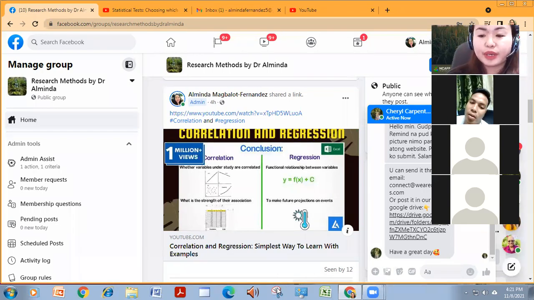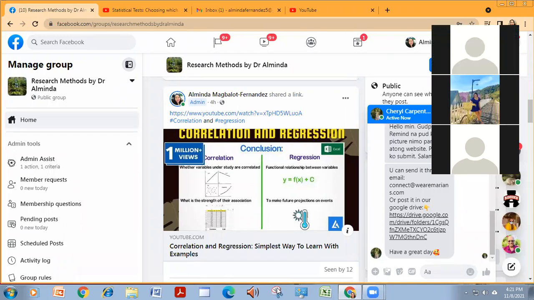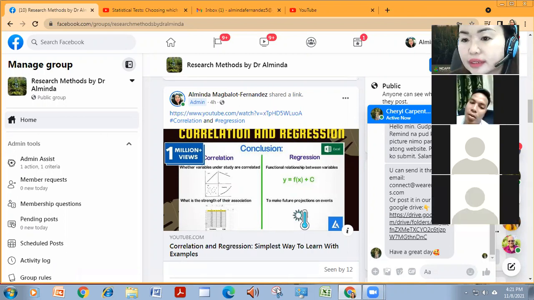So anyway, if you have more questions and clarification, pwede niyo namang i-chat sa group natin. And once ready na, kasi si Sir Aljun wala pa kaka-report, we will just wait for you to have your report on a special topic. And while waiting, we can continue with these statistical tools.